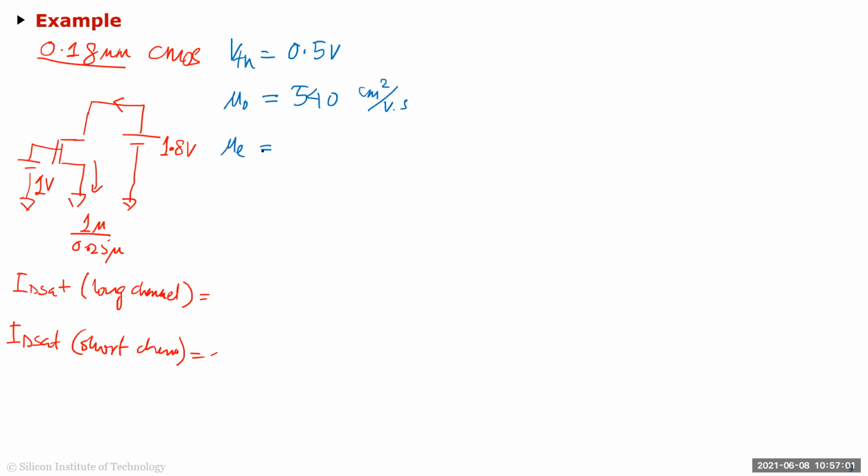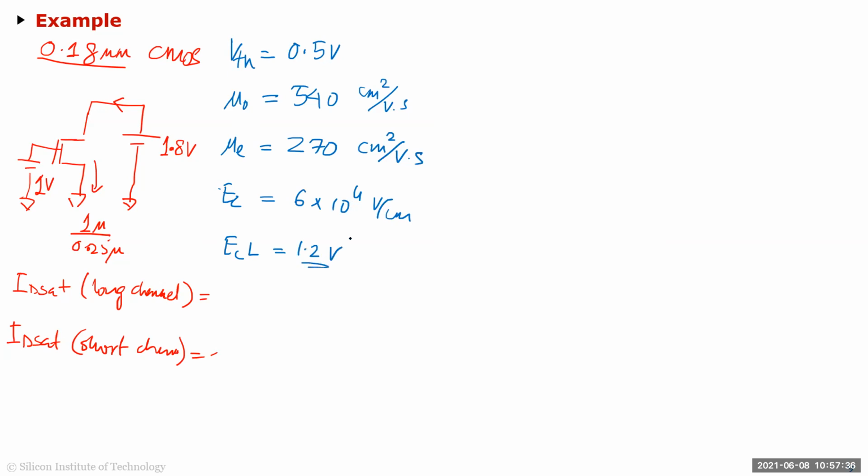And mu E, this is already calculated for you. This is the same calculation I did before, so you don't have to do this one. And the critical field EC is equal to 6 into 10 to the power 4 volt per centimeter. And ECL is equal to 1.2 volts.